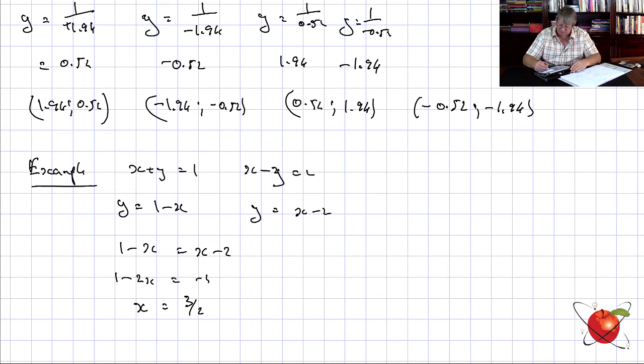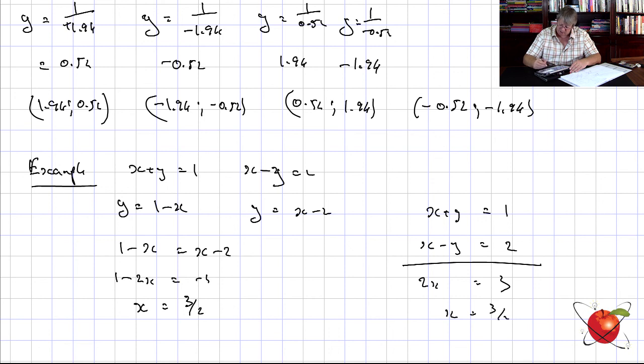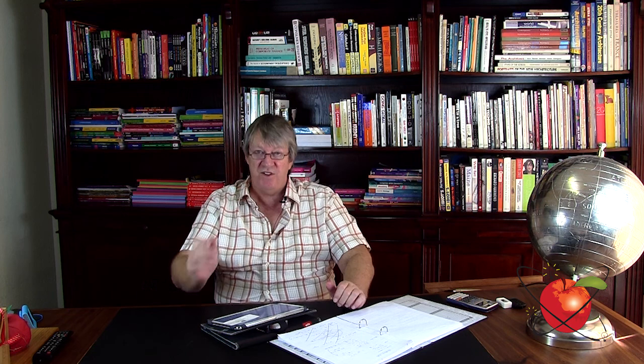Because if we solved x plus y equal to 1 and x minus y equal to 2, we would basically just say, therefore, 2x is equal to 3, x is equal to 3 over 2, and back substitute again, right? It's the same thing. It's giving us the points of intersection, right?